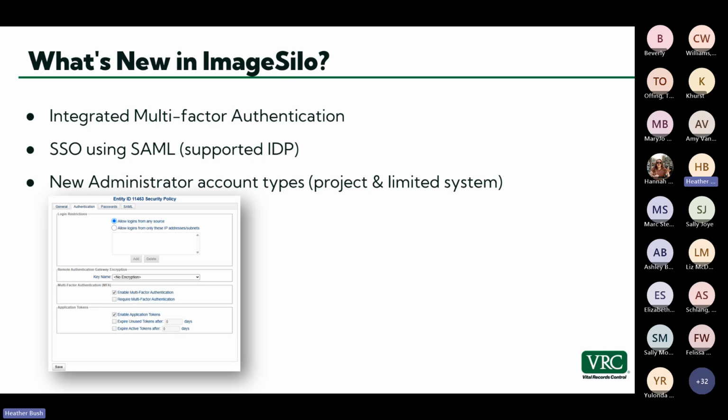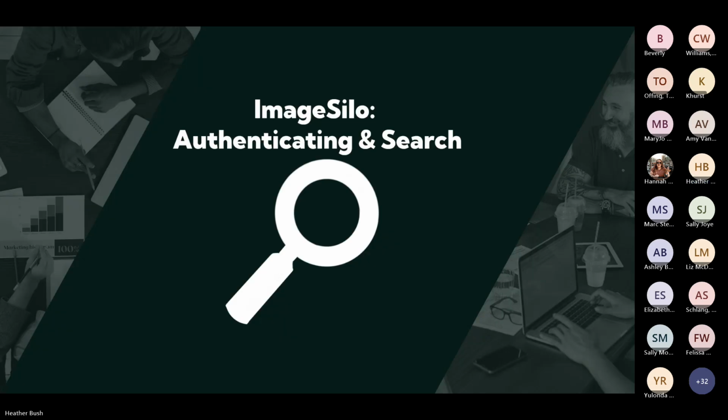You might want your administrator to be somebody from the IT department who can add users and that sort of thing, but can't necessarily view any of the documents in the repository. So those are some new things that I think are really useful, and it's nice to see that Digitech continues to add things in to ImageSilo.